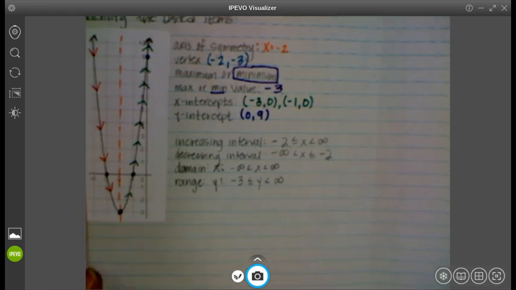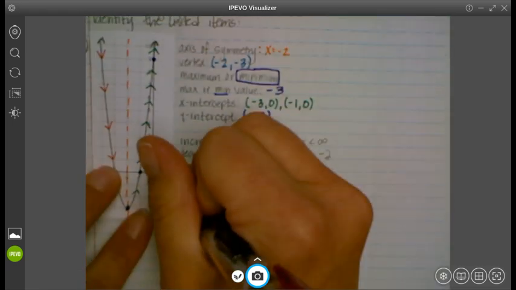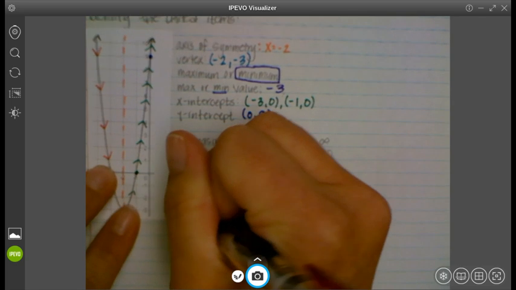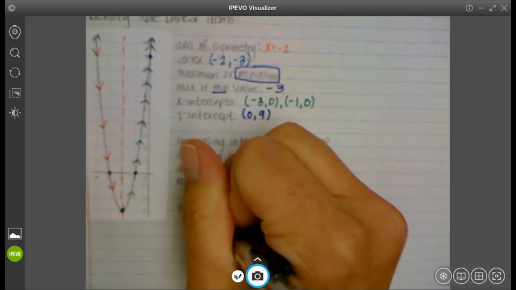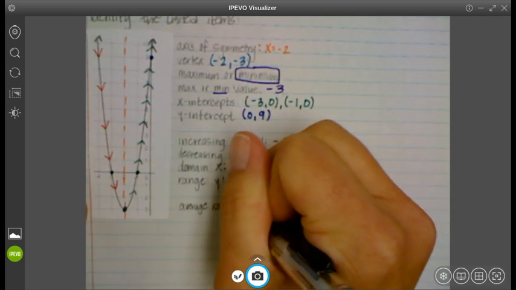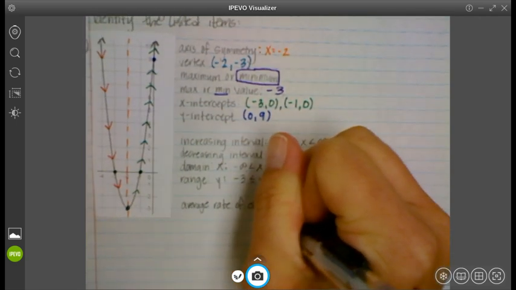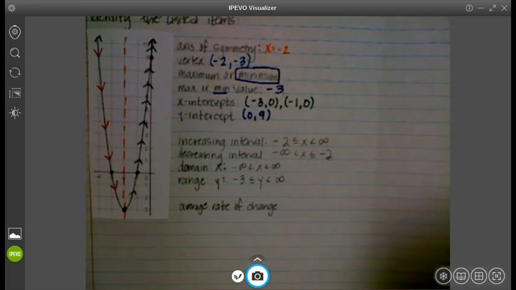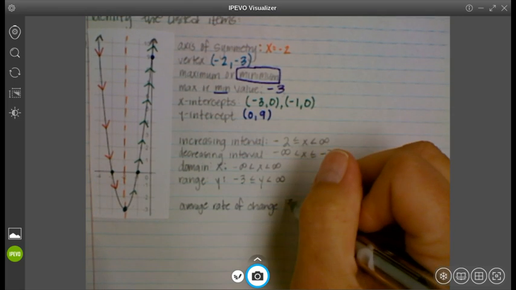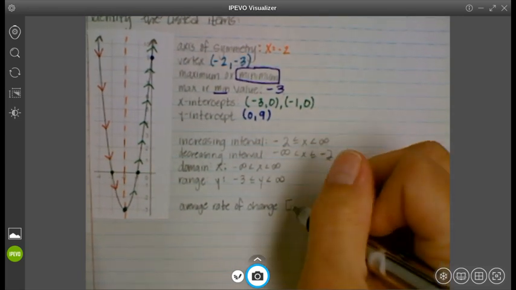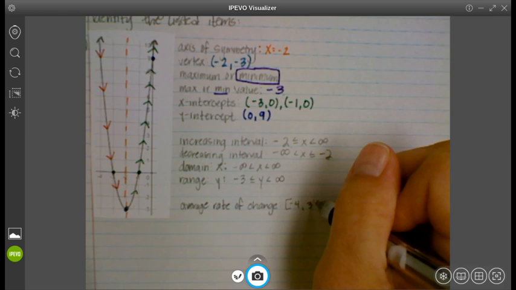All right, the last thing I want to talk about here is the average rate of change. In my next GP, I'm going to go ahead and start abbreviating things. The average rate of change over the interval from -4 to -3.